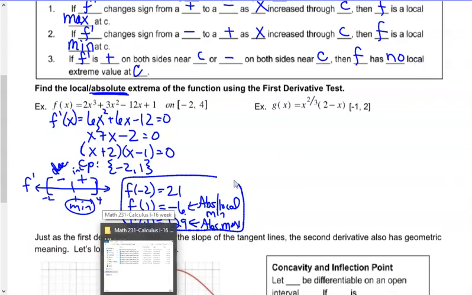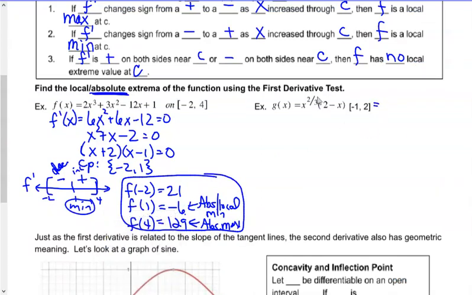All right, let's try the next one. The next one is, again, another function that I'm going to choose to distribute through so that I can take the derivative with the power rule. So g of x is equal to 2x to the 2/3 minus, when we add 3/3 plus 2/3, x to the 5/3.